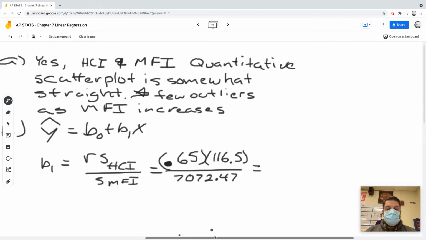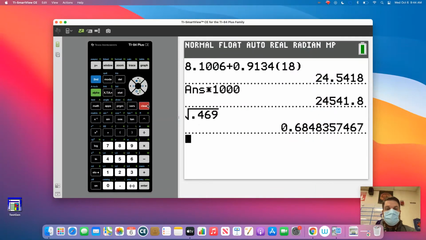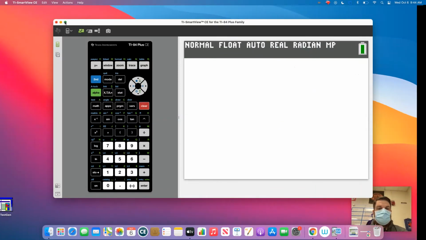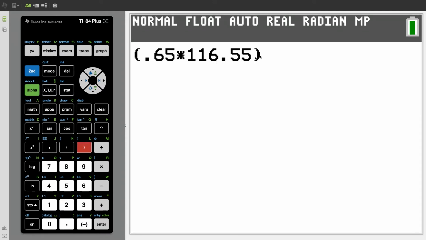And so I'm going to plug that in my calculator. Here's a calculator trick. Remember, when you're doing fractions on the calculator, it's not a bad idea to use parentheses for the numerator if it's more than one term, because that arranges the order of operations.